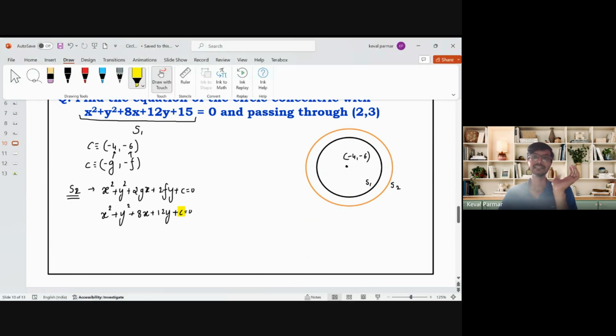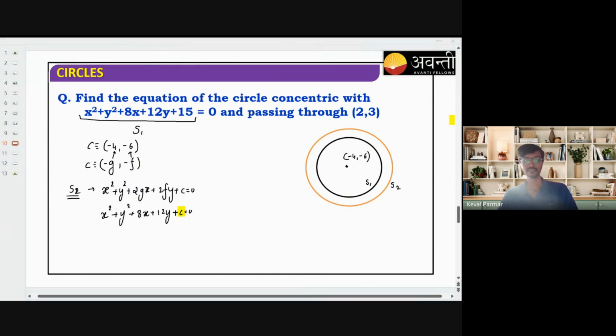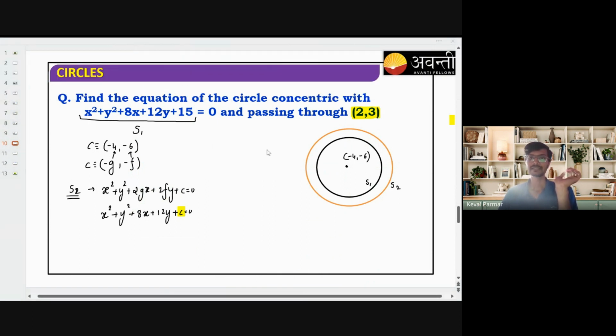So for that, they have given this condition that it passes through (2, 3). Now, what does this condition mean? Passes through (2, 3) implies it must satisfy.